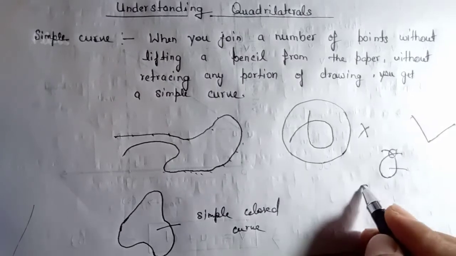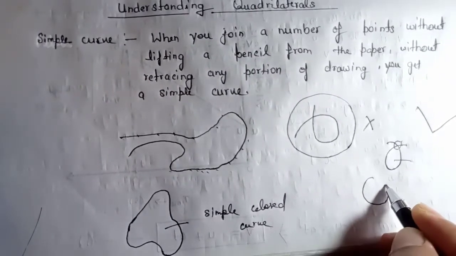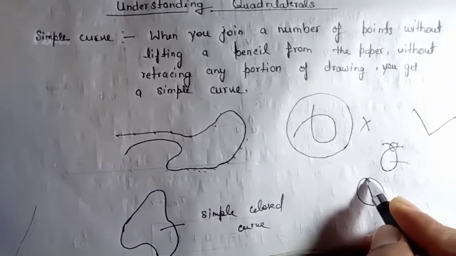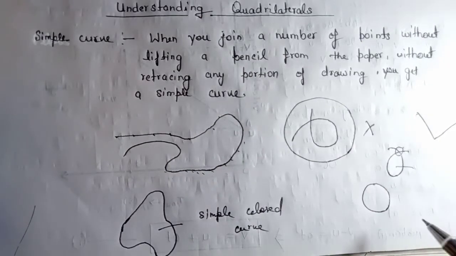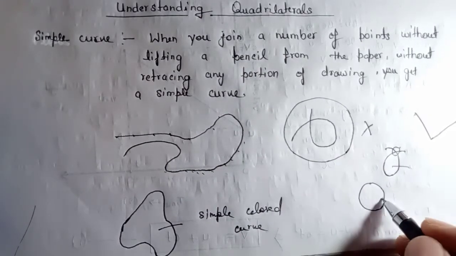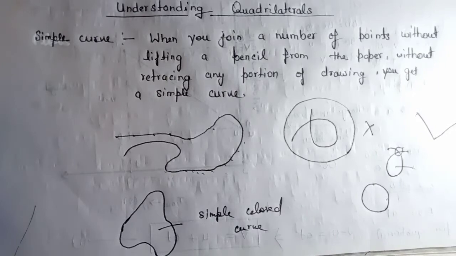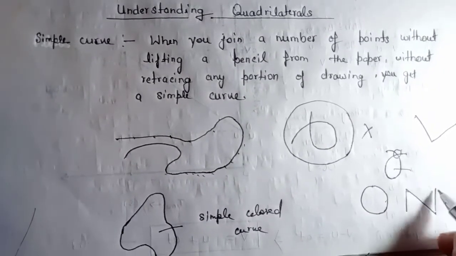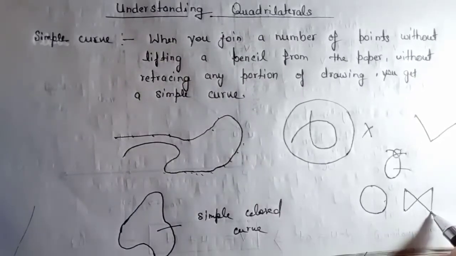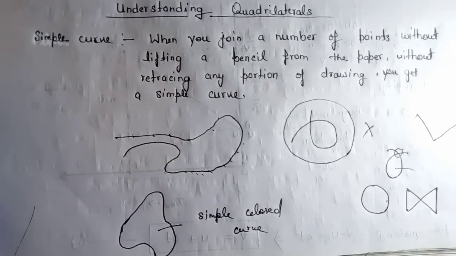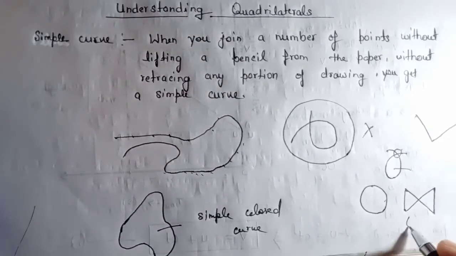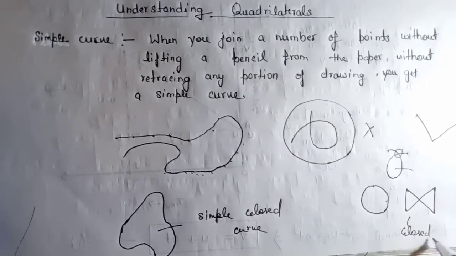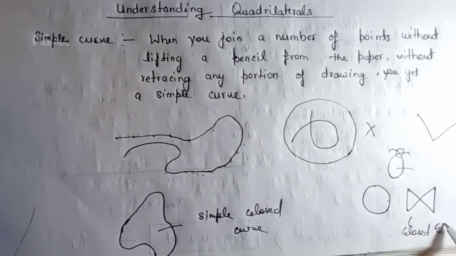We have a circle, and circle is a simple curve and it is also closed, so it is a simple and closed curve. We have this diagram, this time it is a closed curve but not a simple curve. So closed but not simple.